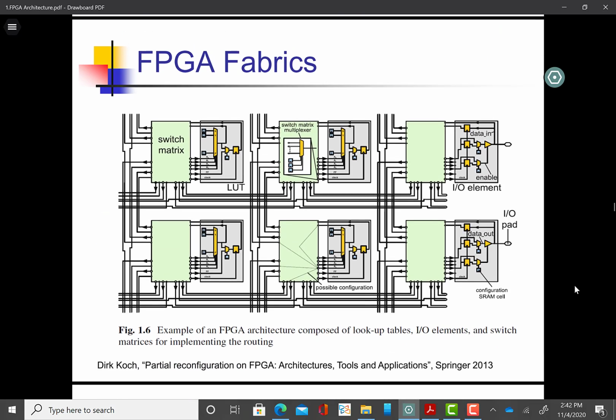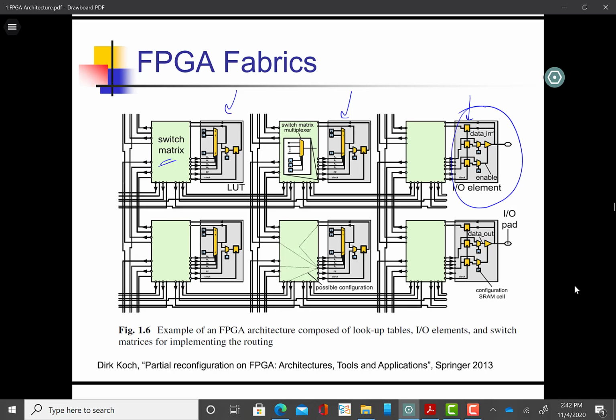And this is another picture which shows some details. Again, the whole FPGA fabric is these switch boxes, and they are connected to the CLBs or the lookup tables. Here is one example of the input output element, which we have not gone into details about till now, but obviously at the boundaries of the FPGA you have these pins which enable you to connect to the outside world.